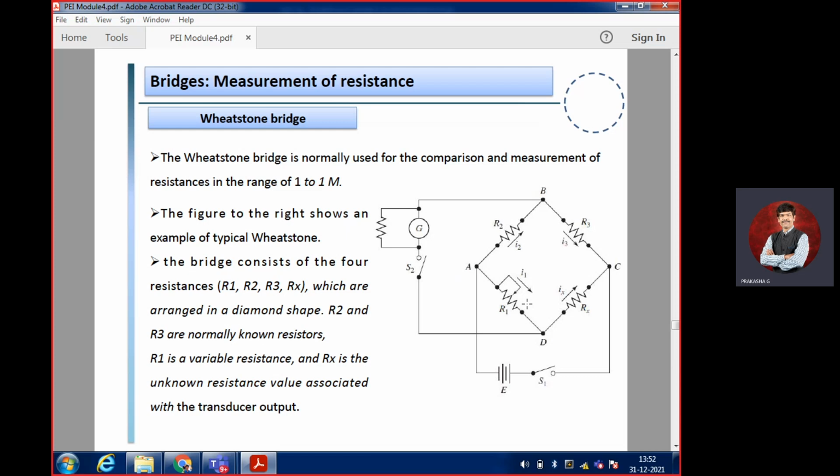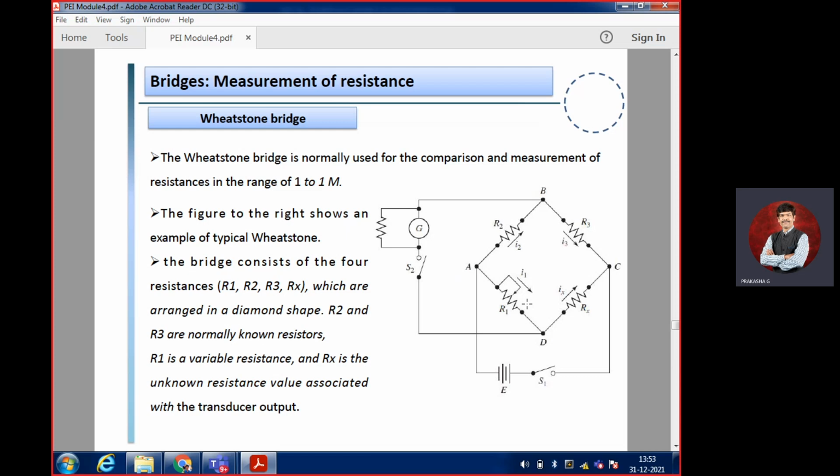R2 and R3 are known, R1 is variable, Rx is unknown. Only this much is sufficient.